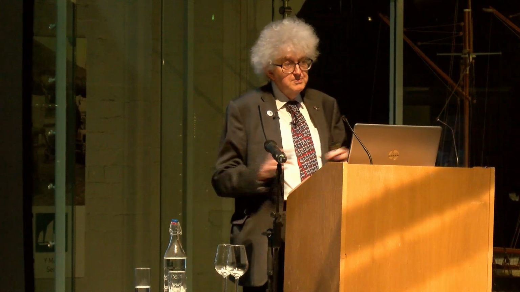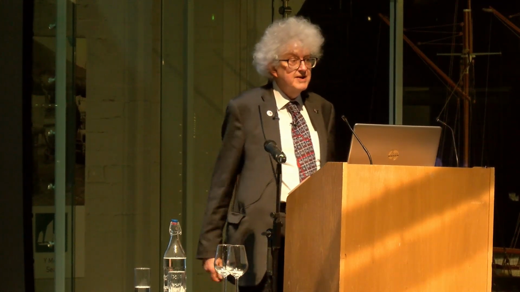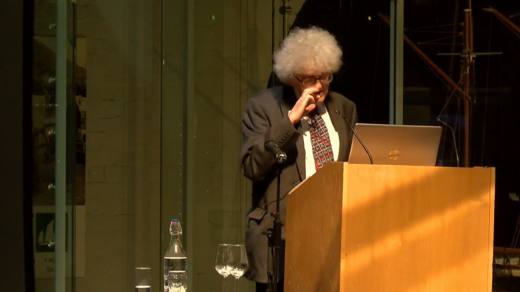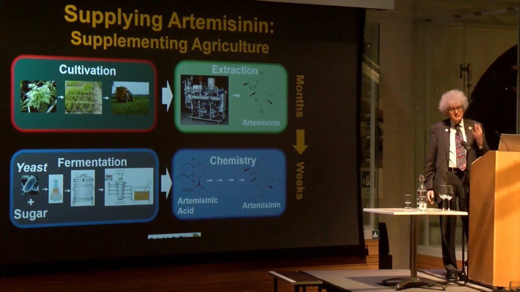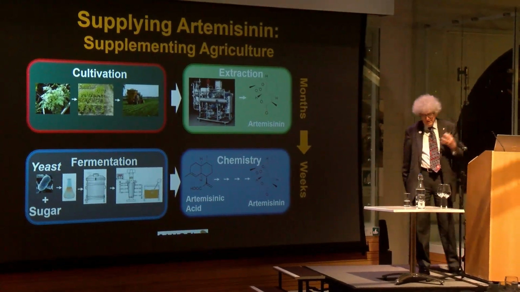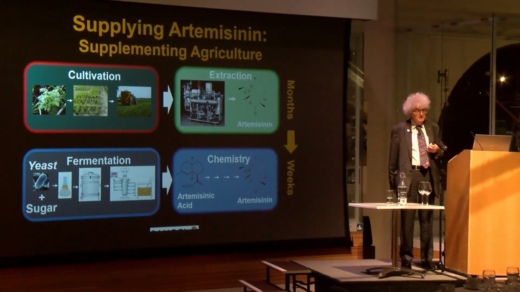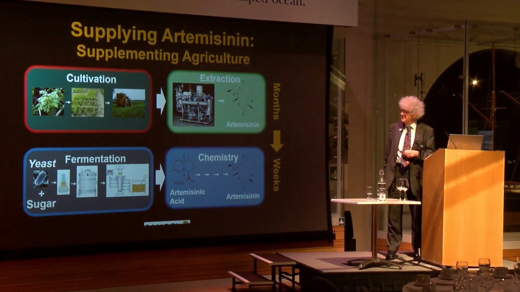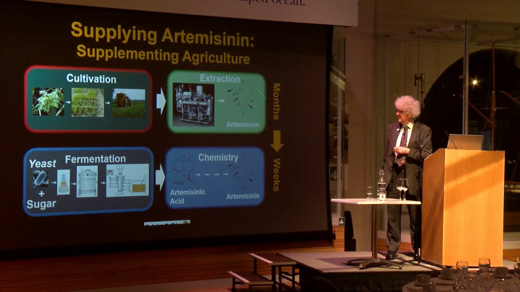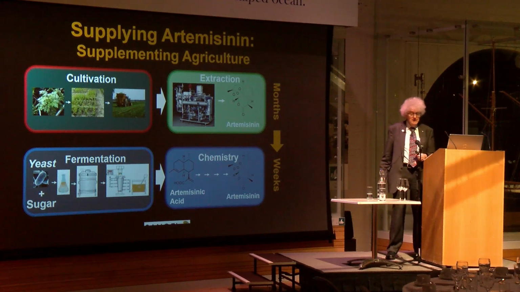So you'll be asking, what about antimalarial drugs? And the main antimalarial drug is called artemisinin. It's got this strange name because it comes from a plant called Artemisia annua. And the traditional way of making artemisinin is by planting Artemisia, harvesting it and extracting it, and you get out artemisinin.